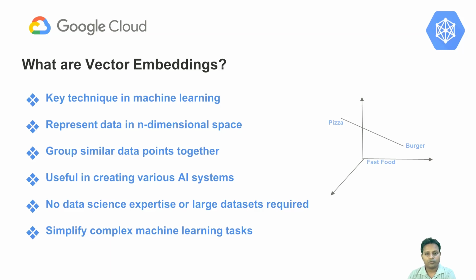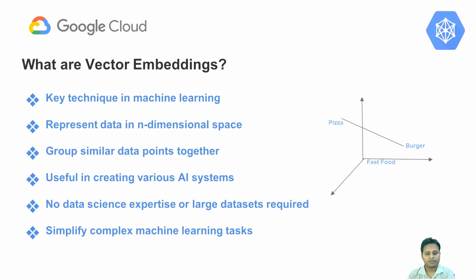Okay. So to put it in context, imagine a map where all the pizza places are close together and all the burger places are also in another cluster. But these two clusters are actually far apart from each other. That's what vector embeddings do for data.